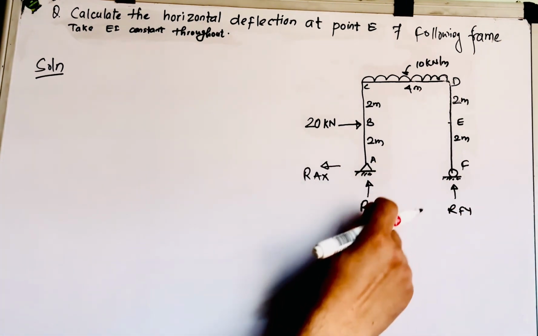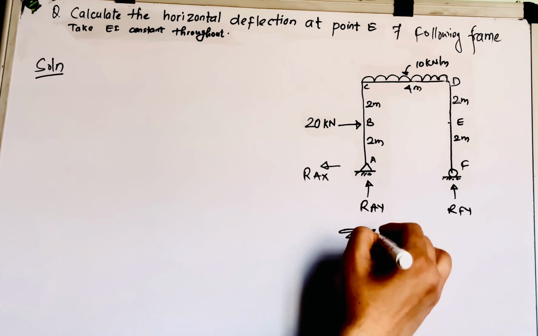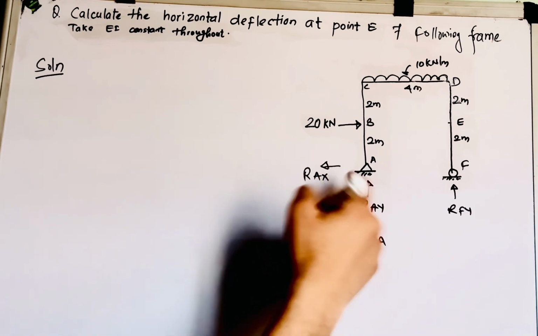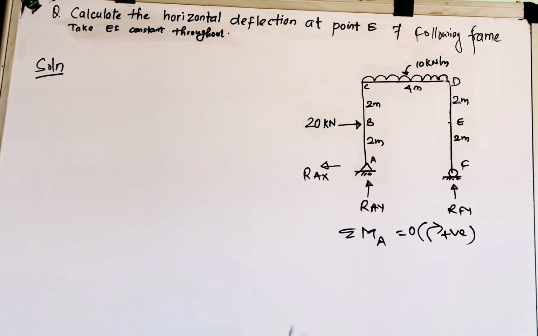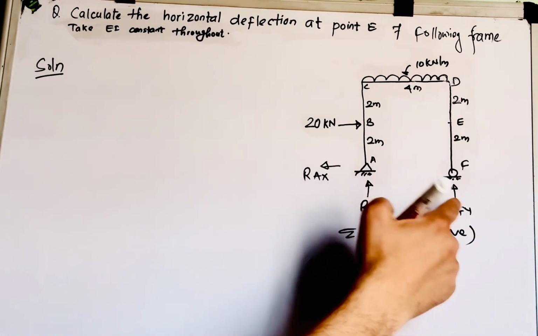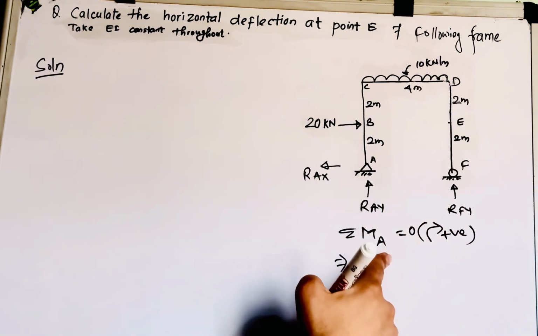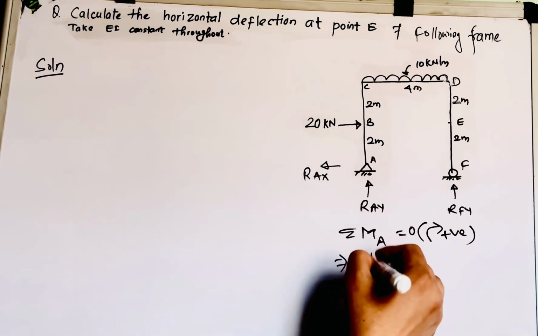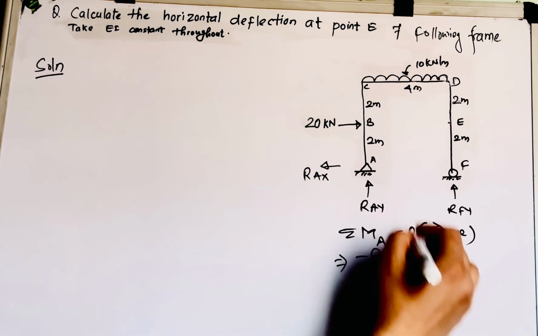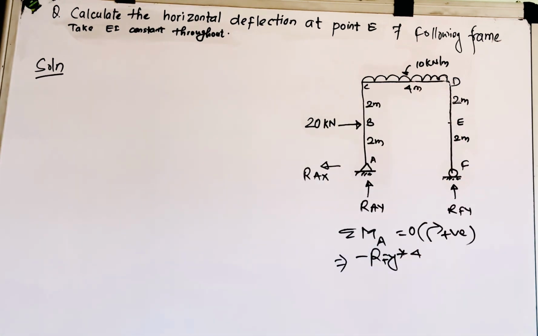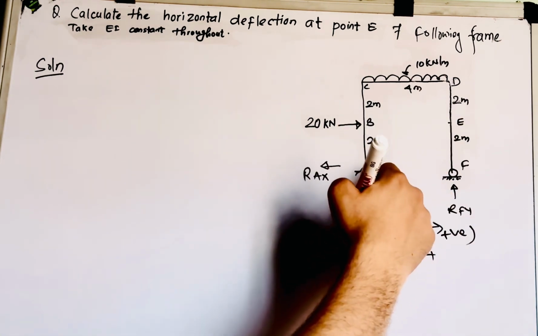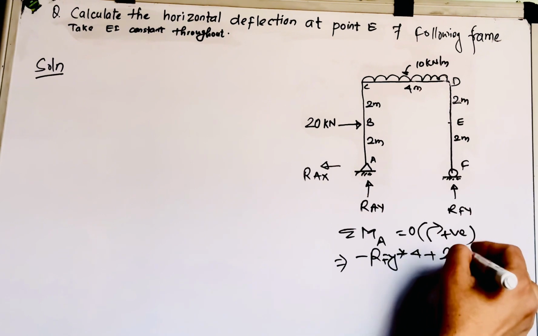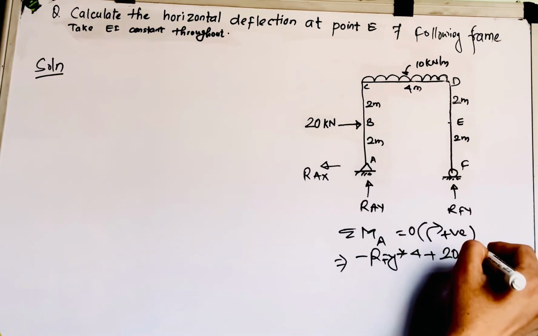If you do summation of moment about point A equals 0, taking clockwise as positive, RFY is giving you anticlockwise moment at point A, that is RFY into distance. This is 4 meter, this is 4 meter, and here is 20 kilonewton, that is giving you clockwise moment at point A. 20 kilonewton into distance 2 meter, right?